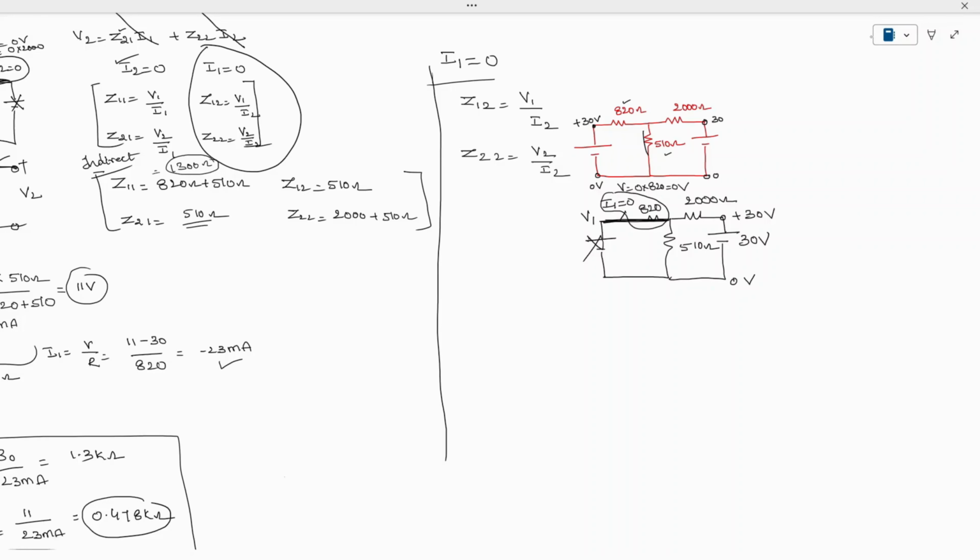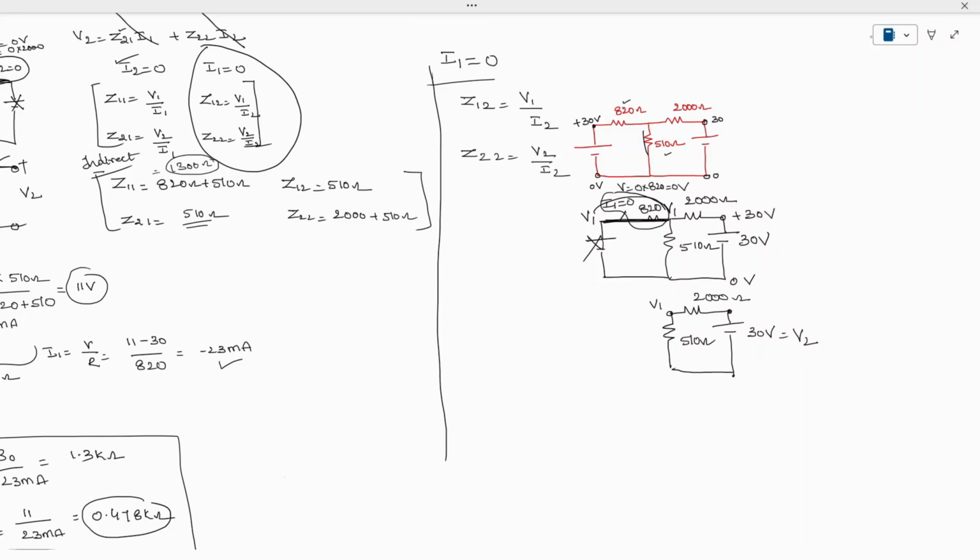So this V1 will be shifted to this point, and here you are going to get V1. I'm going to redraw the network again, where the voltage at this point is V1, and the resistance at this point is 2000, continued with a 30 volt source. This is a 30 volt source, and this is a 2000 ohm resistor, and this is a 510 ohm resistor, and this voltage is V2.